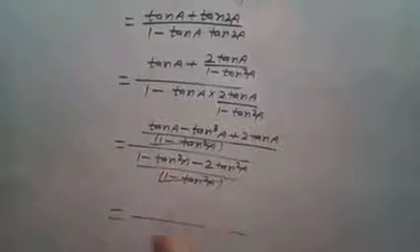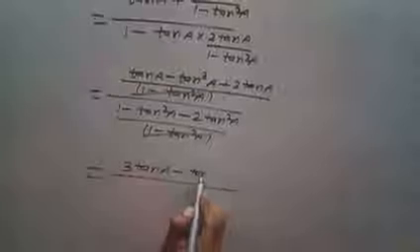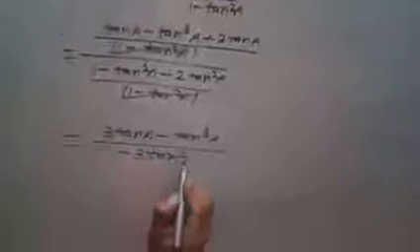Here tan A plus 2 tan A is 3 tan A minus tan cube A upon 1 minus 3 tan square A, and this is the formula of tan 3A.